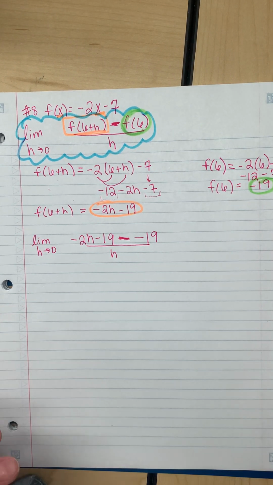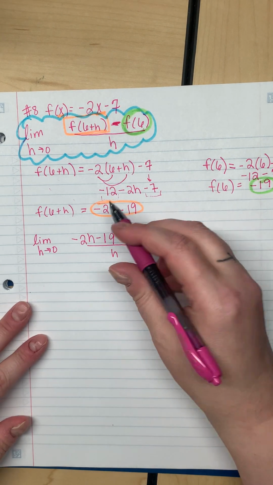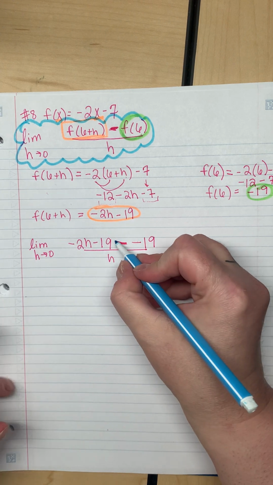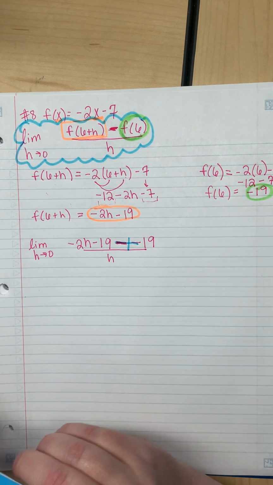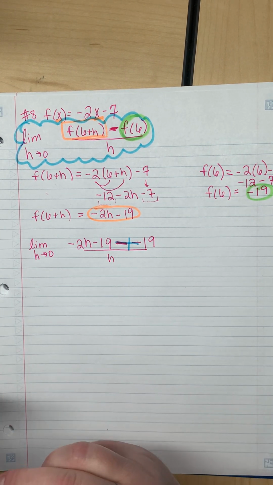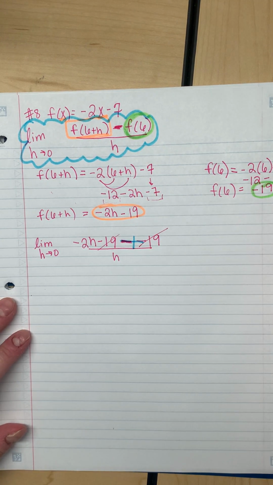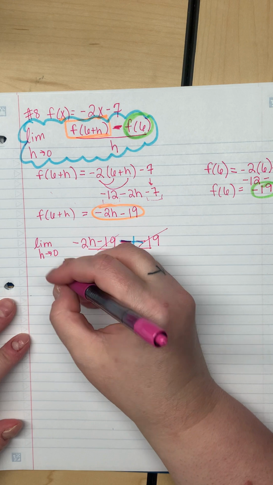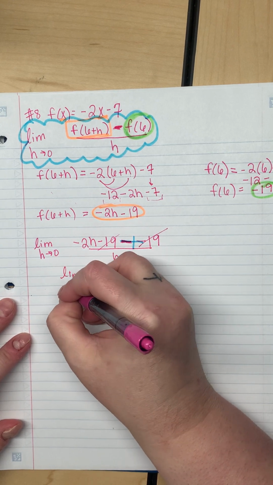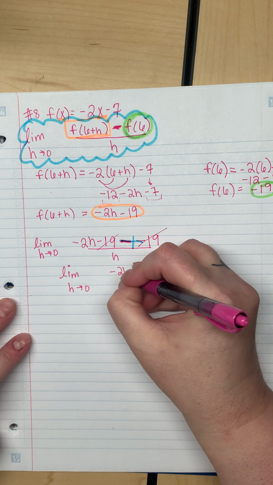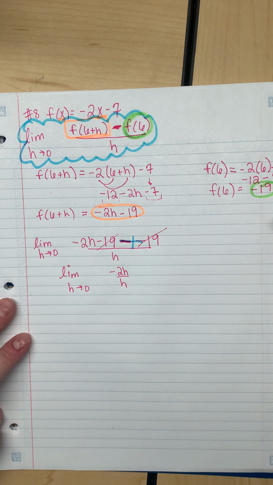Now we're going to try and cancel some stuff. This double negative makes a positive. And then after that, the 19s cancel because negative 19 plus 19 goes away. So all we have left is the limit as h approaches 0 of negative 2h over h.